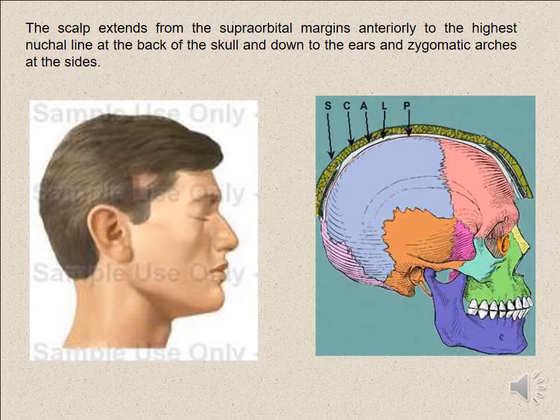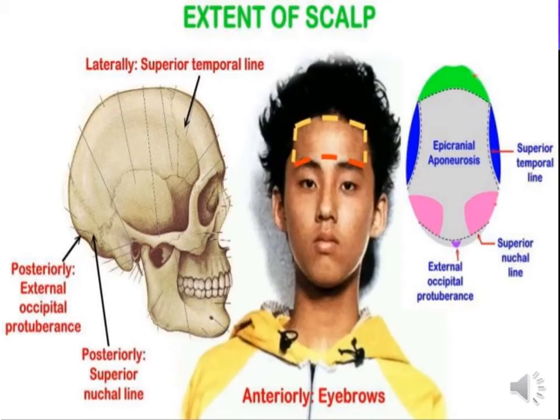The scalp extends from the supraorbital margins anteriorly to the highest nuchal line at the back of the skull, and down to the ear and zygomatic arch at the side. So the upper part of the head is the scalp.